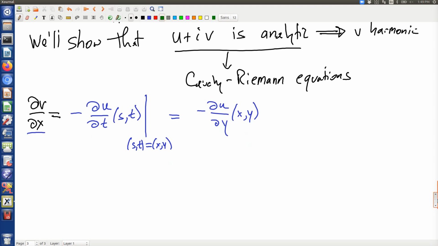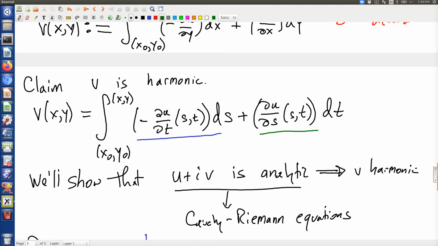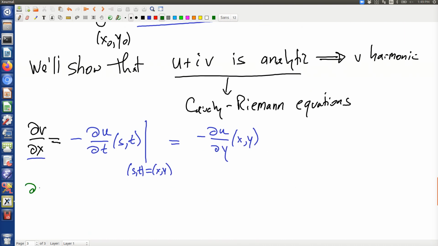Now let's take a look at this other component. Again, the fundamental theorem of calculus is in play.